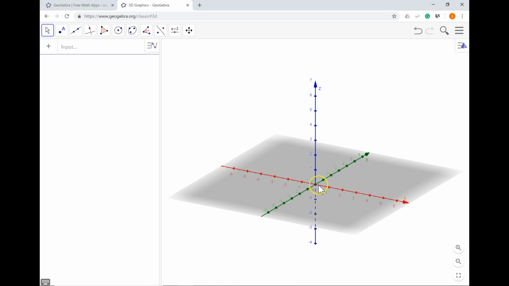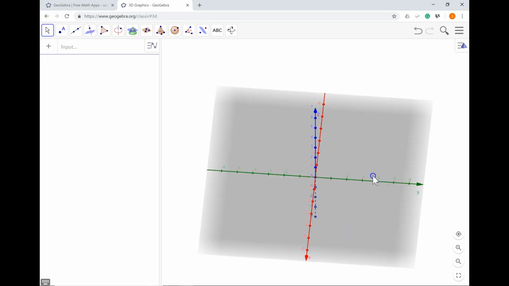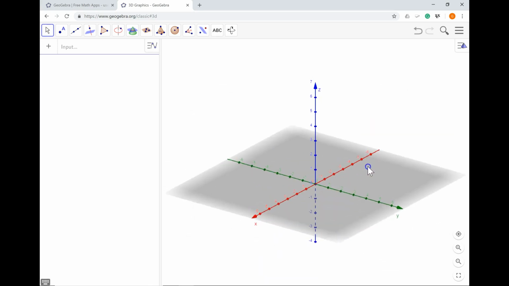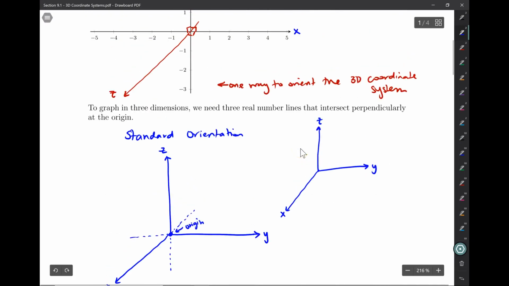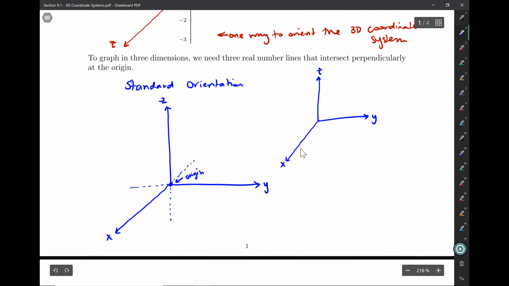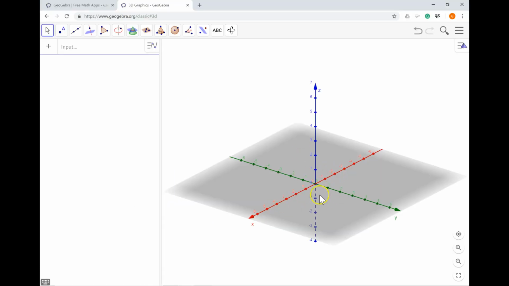Or you can have your pointer finger in the direction of the x-axis, your middle finger in the direction of the y-axis, and your thumb naturally in the direction of the z-axis. The great thing is you can move it around. Right about here is kind of where our drawn three-dimensional coordinate system is, the ones that we were drawing earlier.